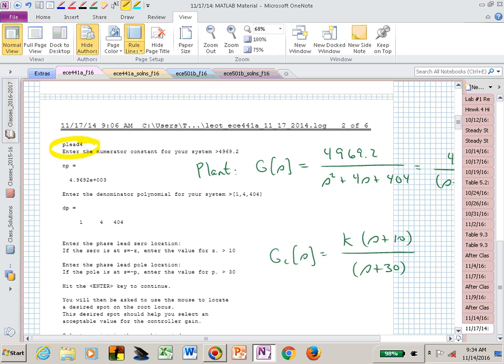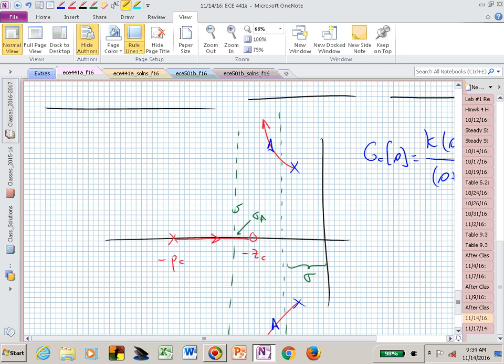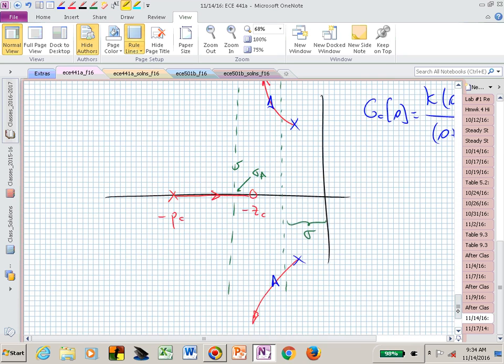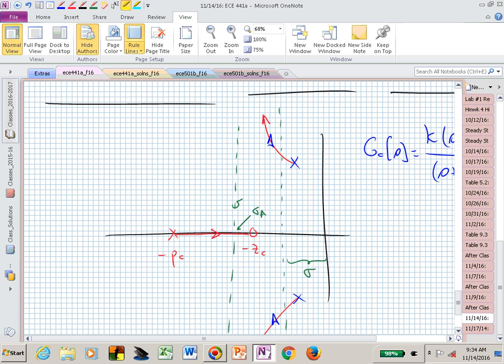So the question is, repeat the question again. So now you're wanting to slide your 0 a little bit closer to the imaginary axis. And what happens if you slide your 0 closer to the imaginary axis?